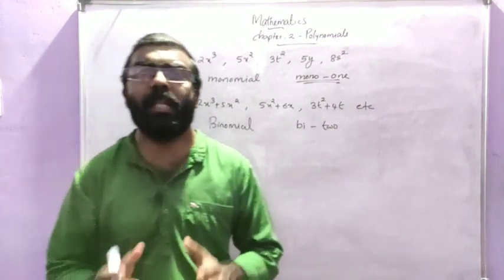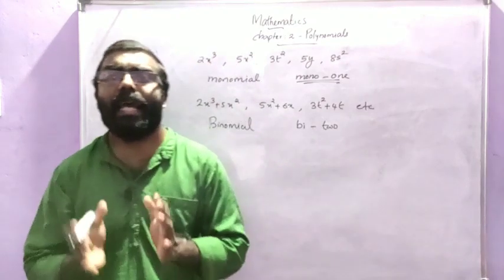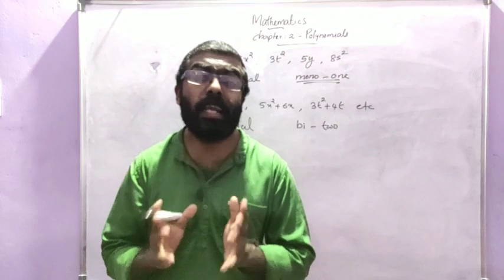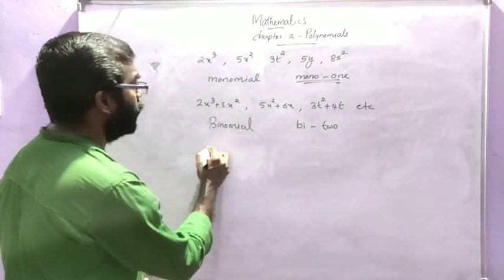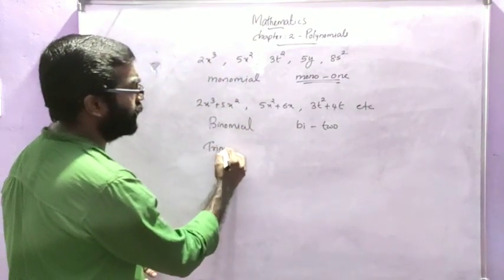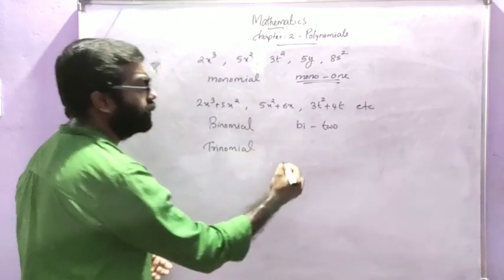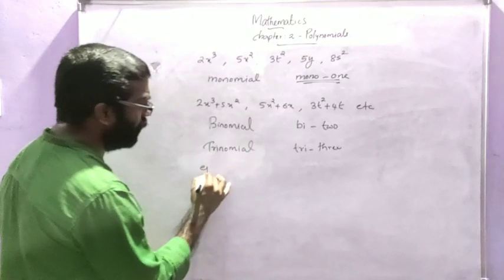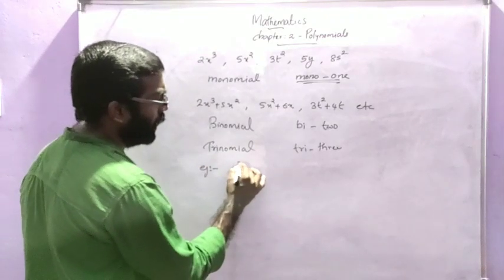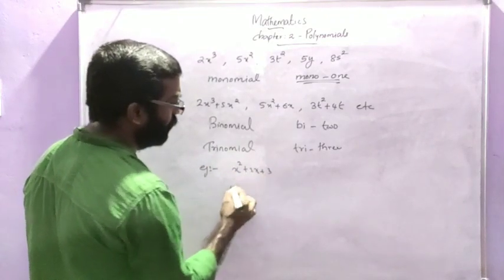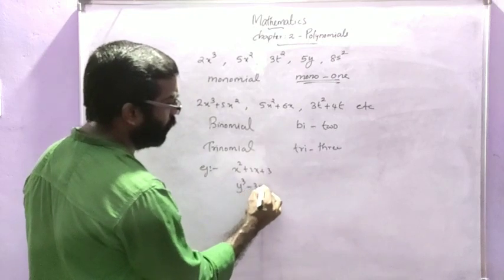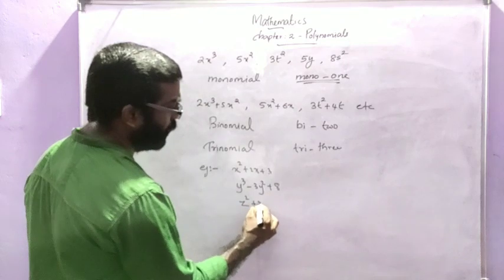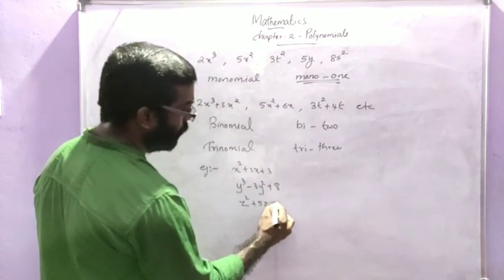Similarly, the polynomials having only three terms are called what? Trinomials. Tri means three. For example, trinomials examples: x square plus 2x plus 3, y cube minus 3y square plus 8, z square plus 5z plus 2.